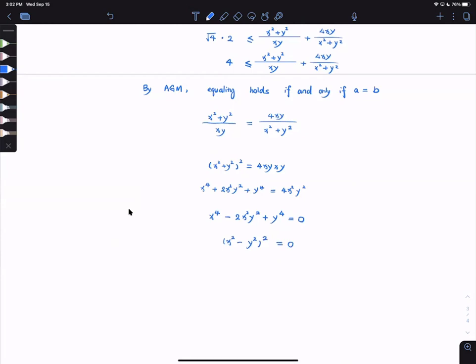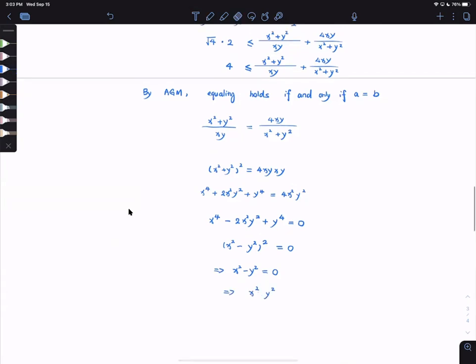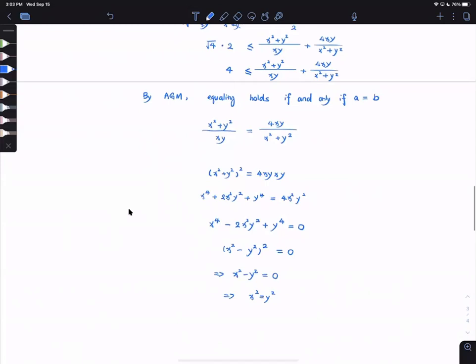Okay? And then this means what? This means my x squared minus y squared equals 0. And what does this mean? This means x squared equals y squared. We know that x and y are both positive.